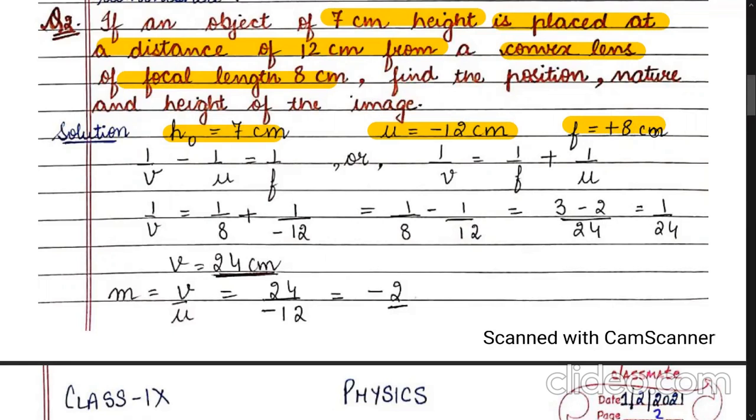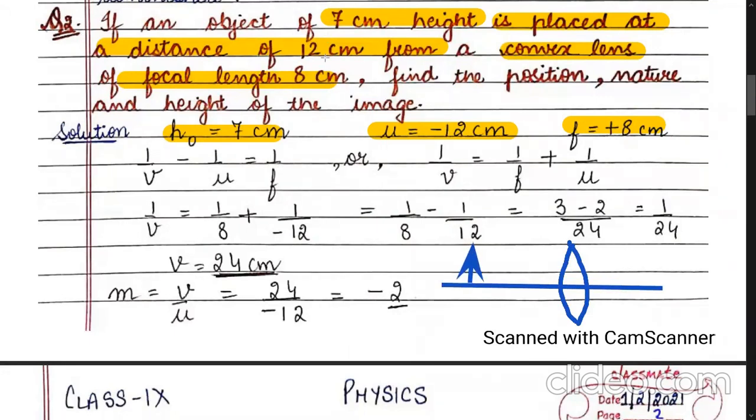You have to be very careful with the sign conventions, because if you take wrong sign convention, your answer will be completely wrong. So students, when we are doing the numericals of lens, and if we draw a convex lens or even a concave lens, we take object in front of the lens.